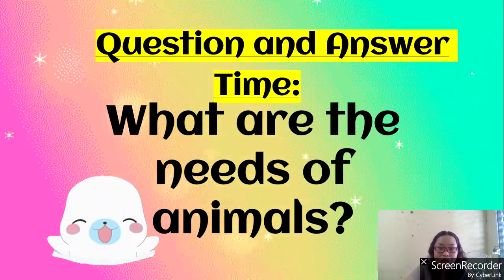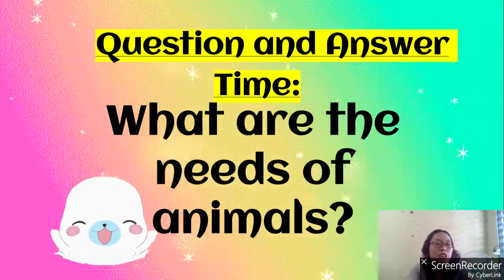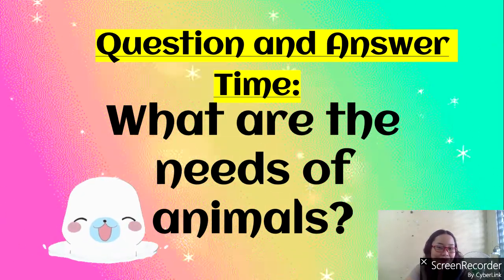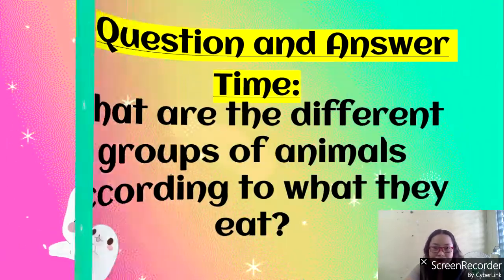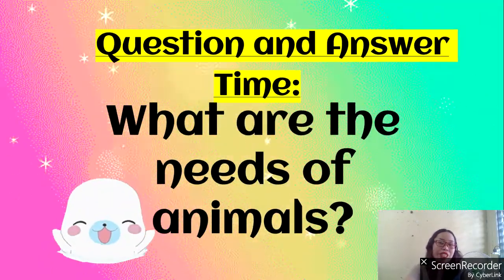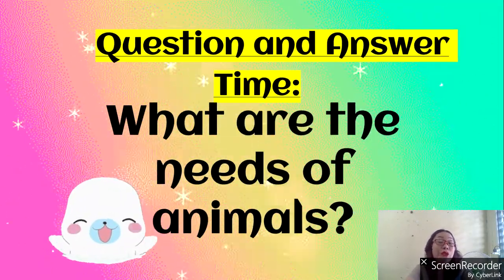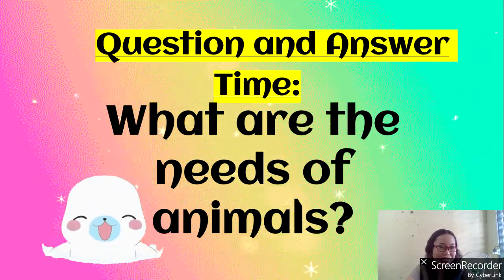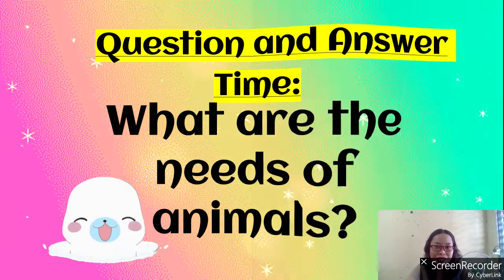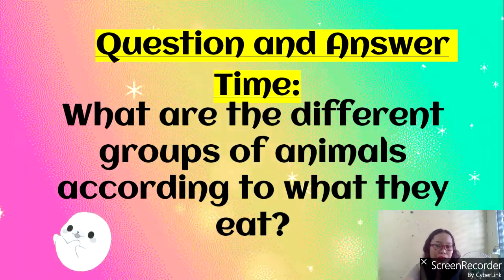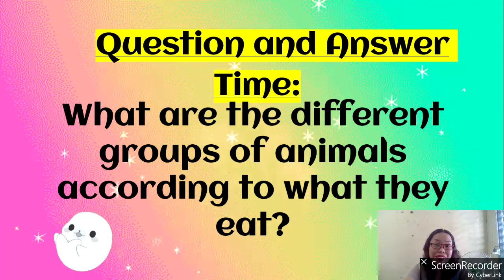Now, here are the questions that I need to ask. What are the needs of animals? Of course, the needs of animals are common. They need food, water, air, and shelter. Great job, grade 1. Next question. What are the different groups of animals according to what they eat?